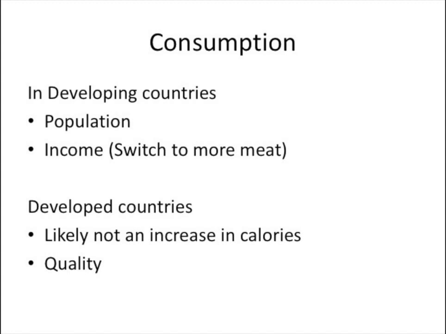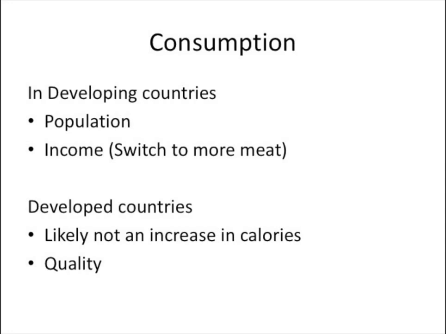So let's summarize a bit here. In developing countries with lower GDPs, we expect to see consumption increase because of both population growth and income or GDP growth. We would expect to see less calorie or cereal equivalent increases in developed countries. The curve flattens. In those areas, we would not expect to see large growth in raw materials, but we might see more growth or concern with quality of foods, and meeting this need might be a more important thing in, say, the U.S. and Europe.